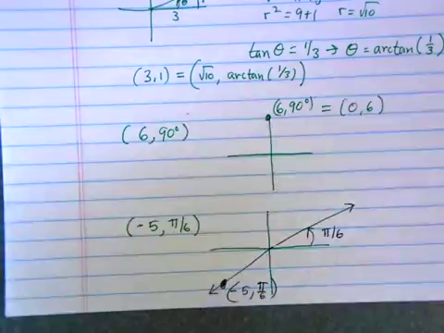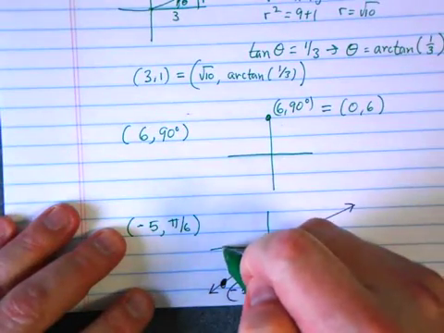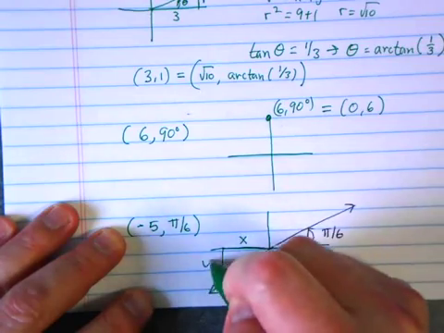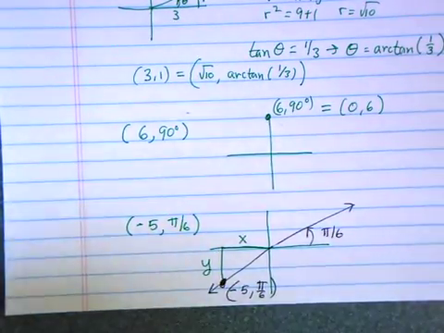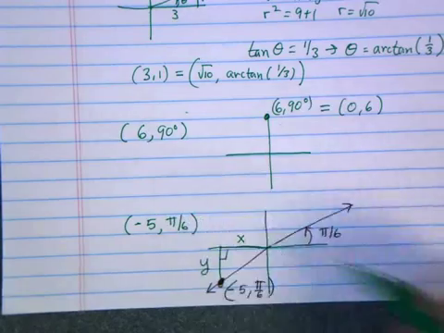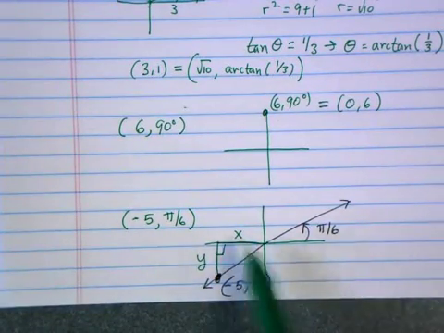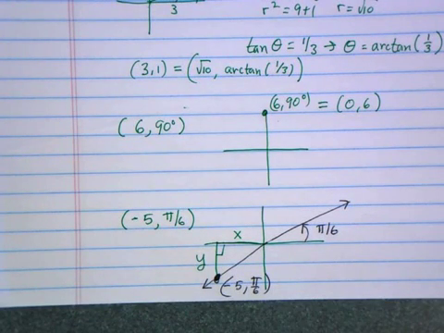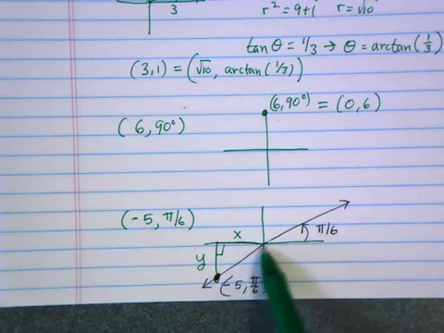But again, I think you could simply draw your right triangle, like so. This is X. This is Y. You have a right triangle. In this right triangle, what would you know about X in relationship to this negative 5 and in relationship to that angle? Negative 5 is the hypotenuse.